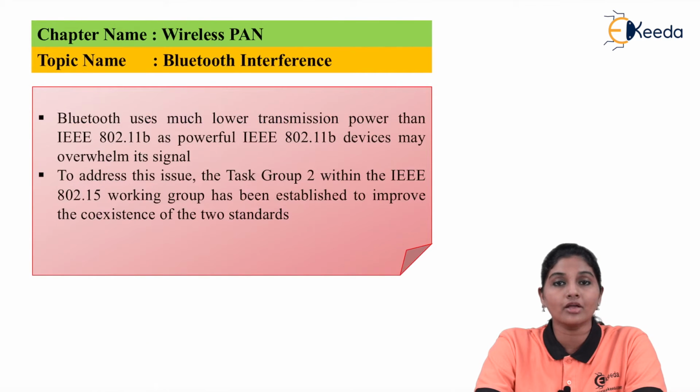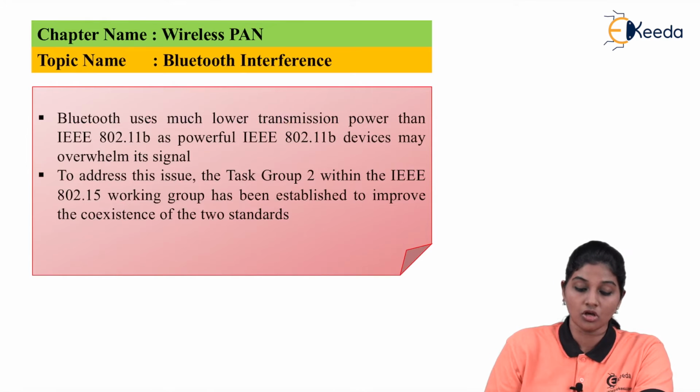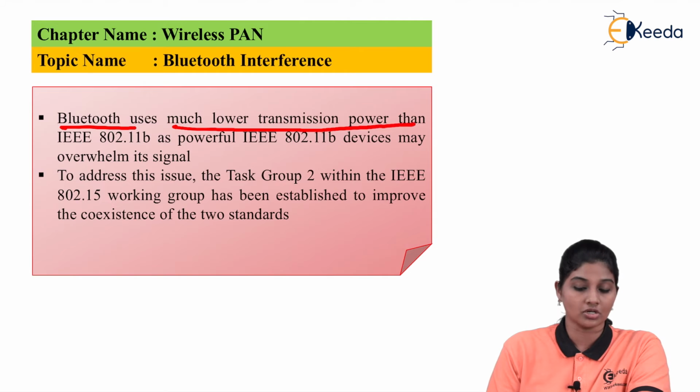Now, when we compare IEEE 802.11b and 802.11g with respect to power requirement, we know that Bluetooth requires less power as compared to these two standards. So Bluetooth uses much less transmission power as compared to 802.11b and 802.11g.